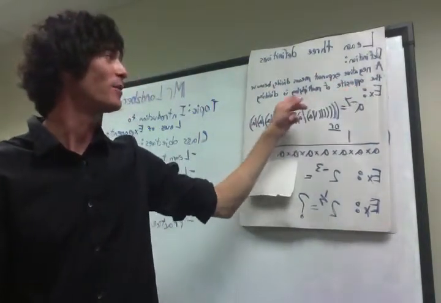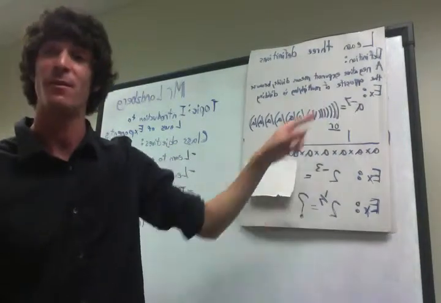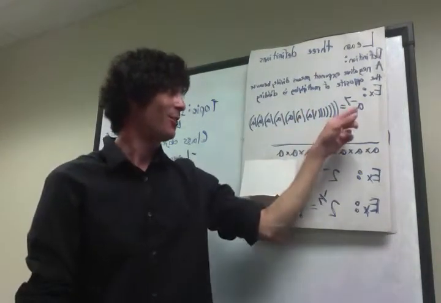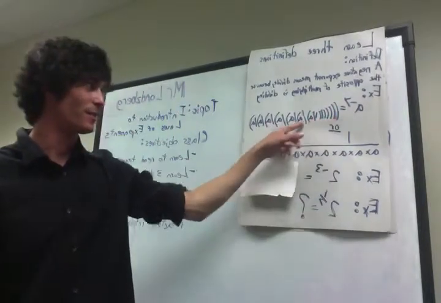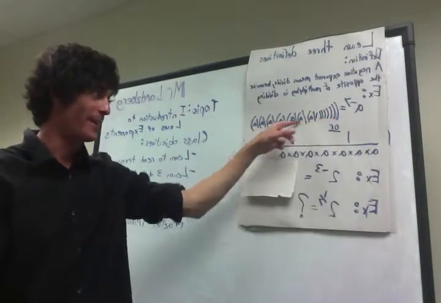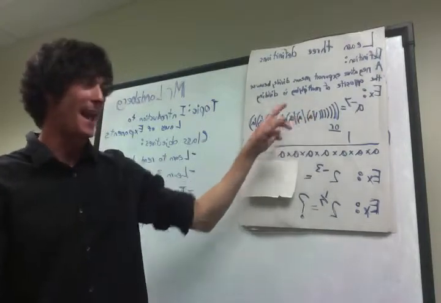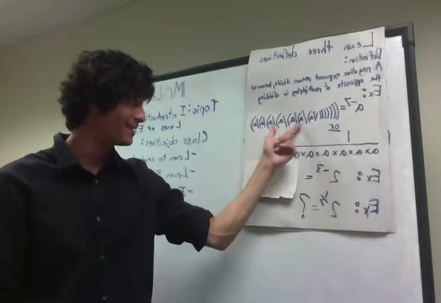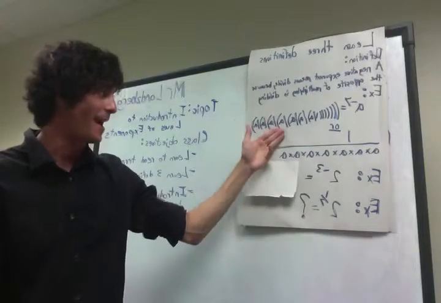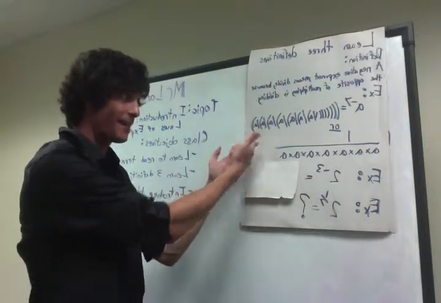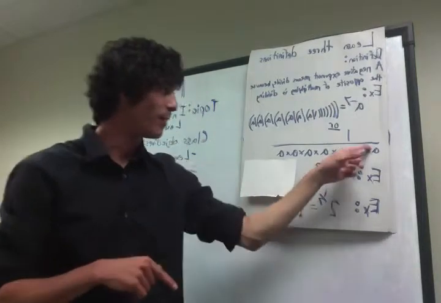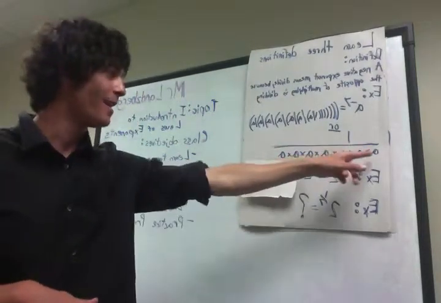So a to the power of negative 7 is, this is one way of writing it out so we can think about it. 1 divided by a, divided by a, divided by a, divided by a, divided by a, divided by a, divided by a. A simpler way of writing it out is 1 over a times a times a times a times a times a times a, 7 a's.